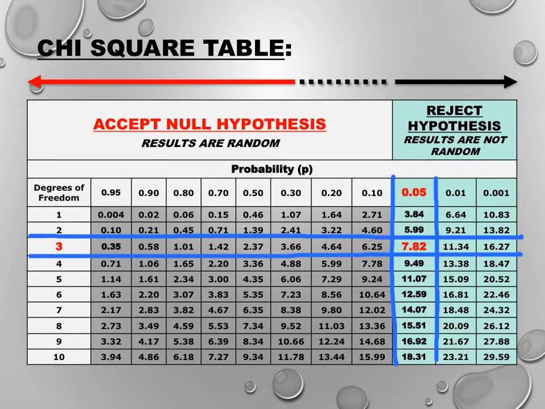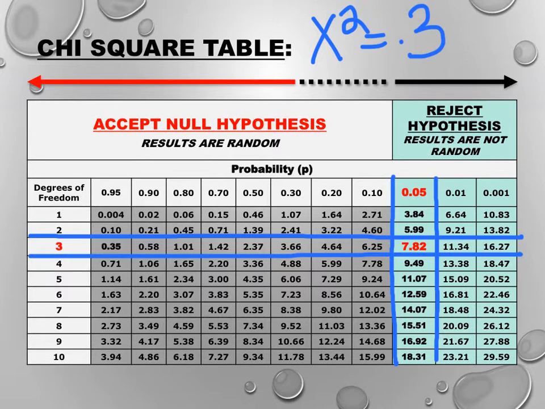So now we are going to compare our chi-square value to that 7.82 value. We're going to look to see, is the chi-square value greater than or lesser than? So to remind you, our chi-square value that we just worked out was 0.3.